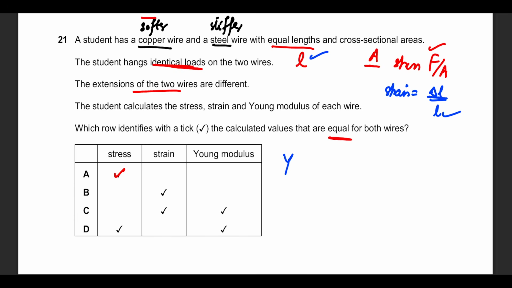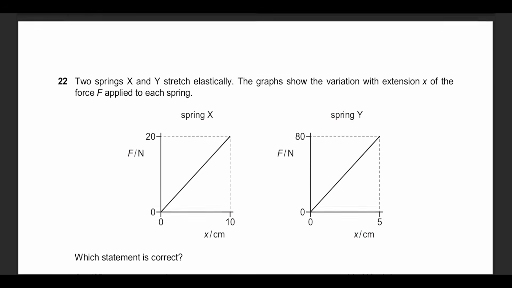Why? Because Young's modulus is also stress divided by strain. They both have the same stress in terms of mathematical value, but they have different strain because they're stretched by different values. And copper stretches more than steel for the same physical dimensions, which is why only stress is the same for both of these wires.